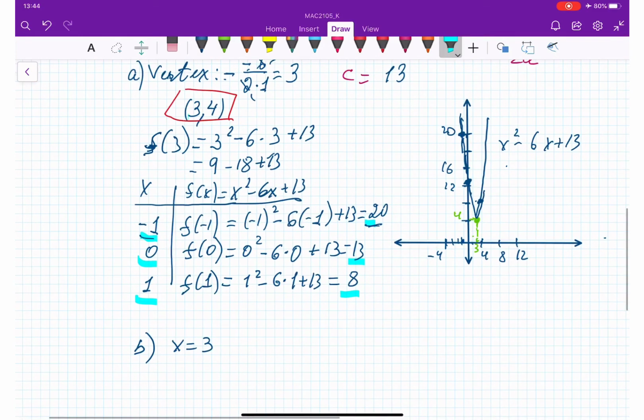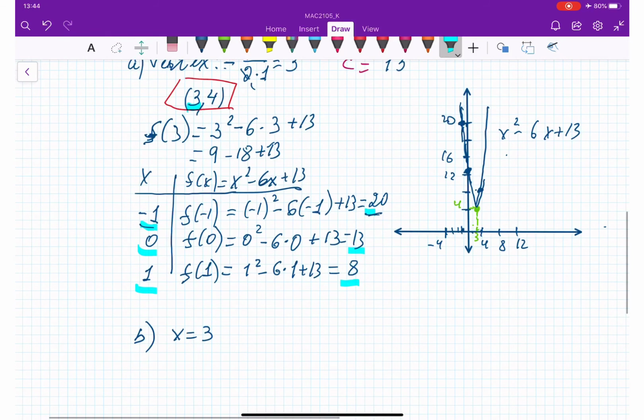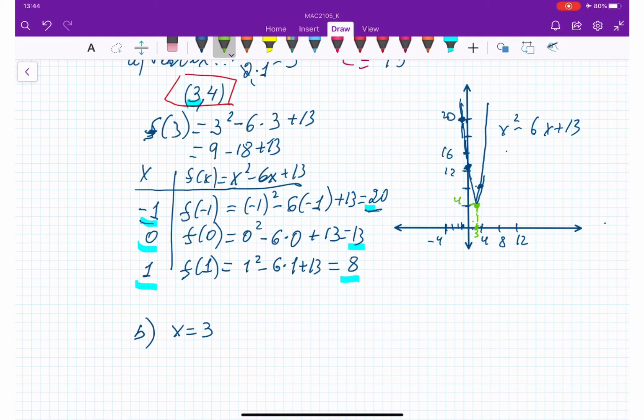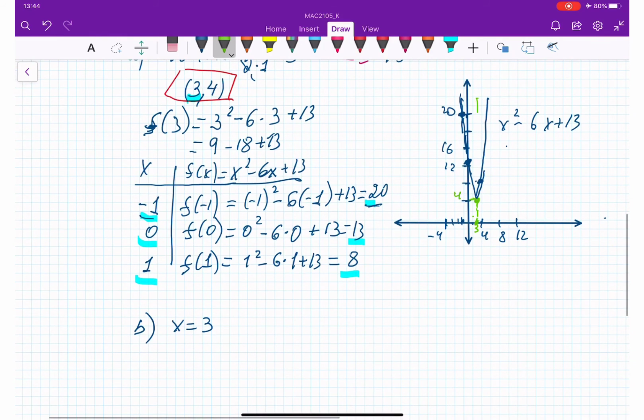This is the x value of the vertex here. Why? Because this is our value of x is 3. Okay, it's gonna go right here, center.